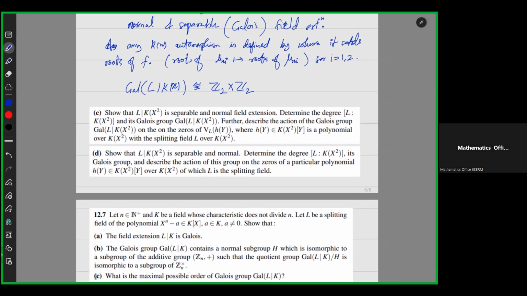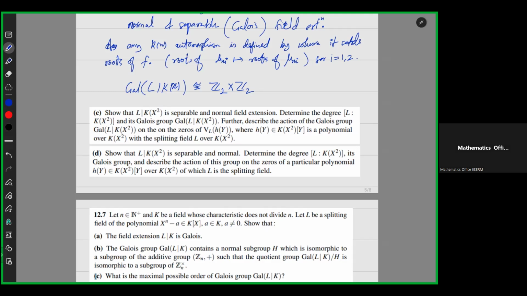So that L over kx is a separable normal field extension. Determine the degree of L over kx square and its Galois group L over kx square.